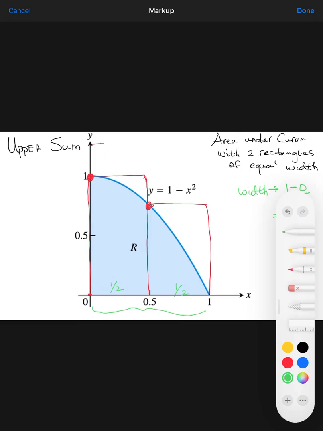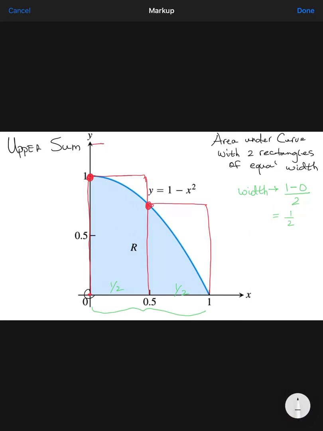Since we're talking about the upper sum, we will plug in the x value that produces the highest. So we're going to plug in 0 into our function. So we have y equals 1 minus 0 squared. That gives us the height of this first rectangle is 1.